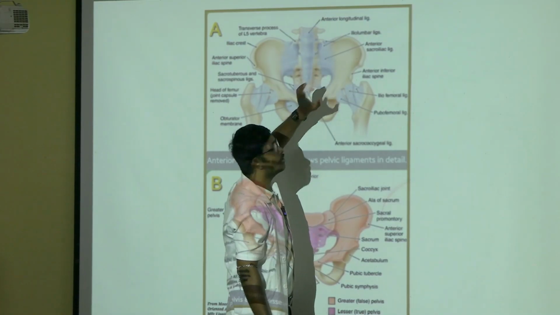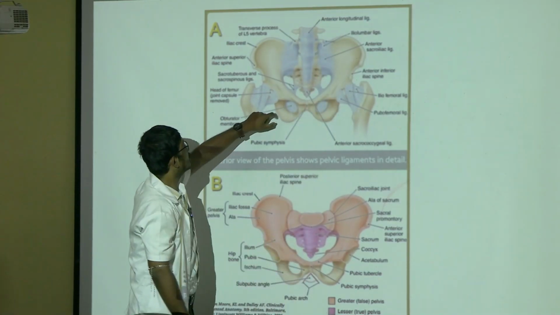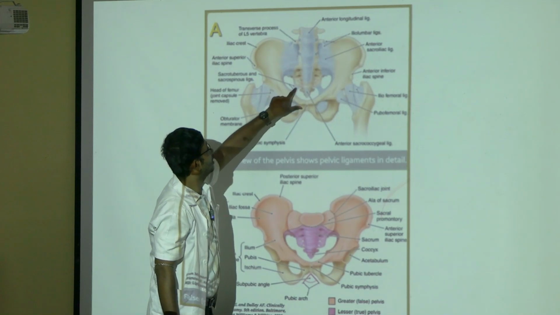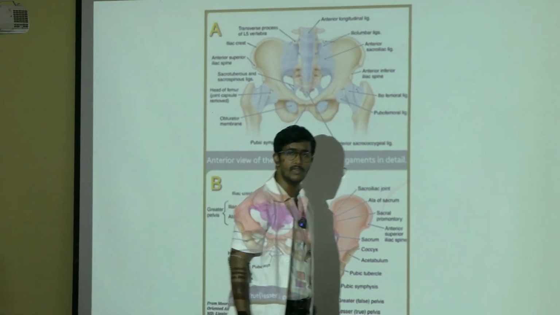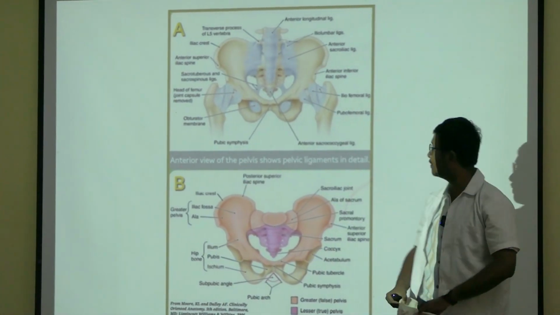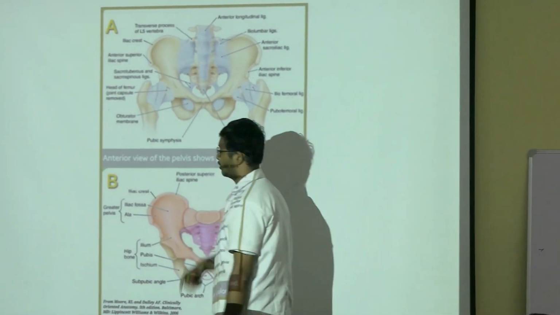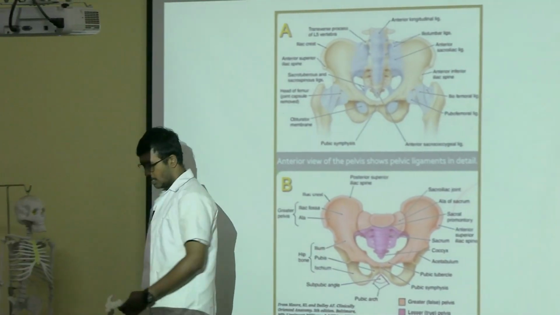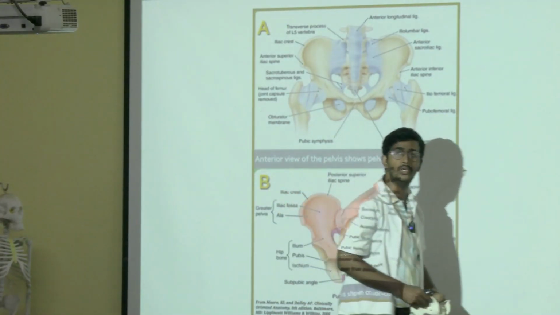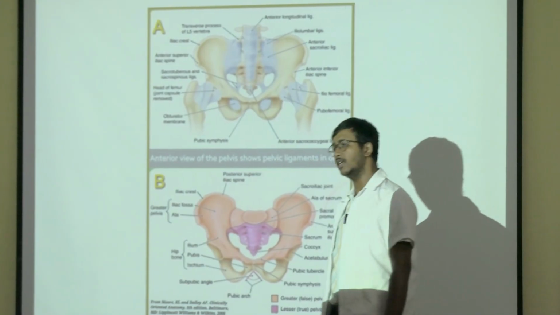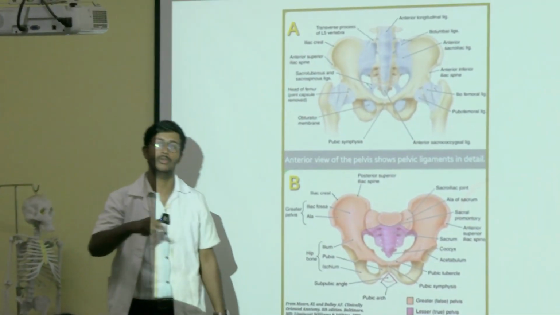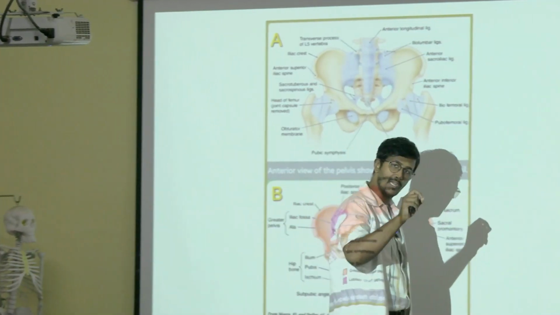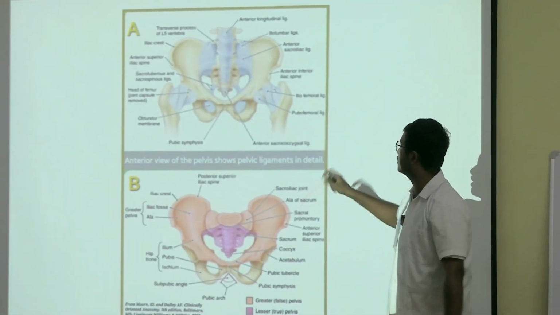Then here is your sacrotuberous and sacrococcygeus ligament. The sacrotuberous ligament runs from the sacrum to your ischial tuberosity, and the sacrococcygeus from the coccyx to the sacrum. You will remember from your gluteal class that the sacrotuberous and sacrococcygeus ligaments convert the greater notch and lesser notch into the greater sciatic foramen and lesser sciatic foramen.